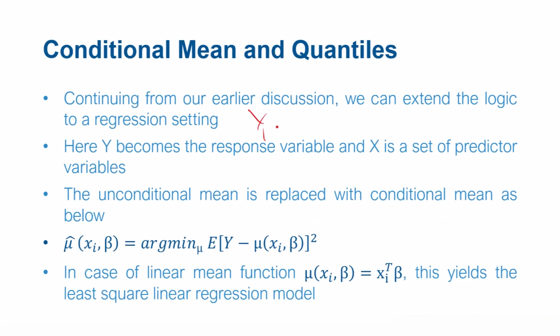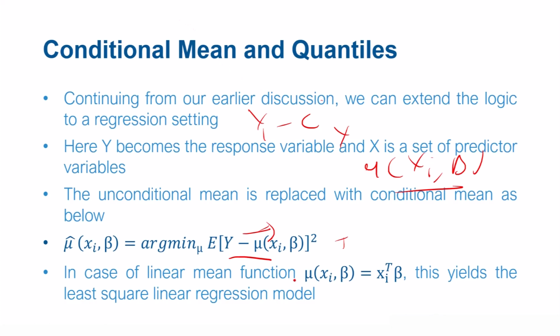Earlier we had y minus the unconditional mean. We have replaced that with the conditional mean, which is mu i comma beta. This is conditional on values of x, and sum of squares. You minimize the expectation of these squared residuals to get your desired parameters in the case of OLS.